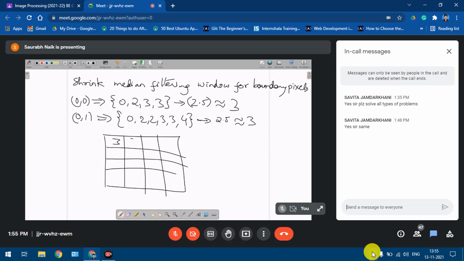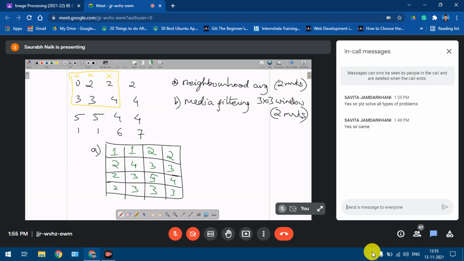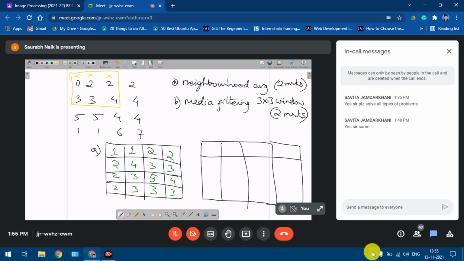So here you had 3 and 3. You are just expected to write the values as this list since it is only for 2 marks. If it was for 4 marks at least, then you can show all the steps.